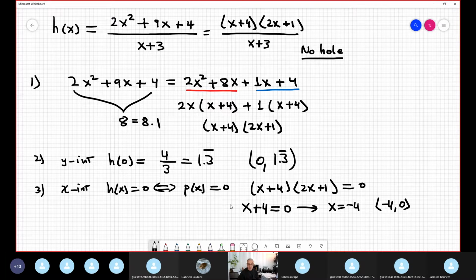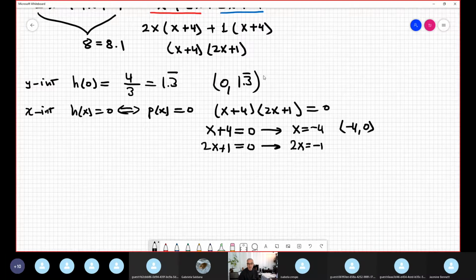And for the other one, 2x plus 1 equal to 0 is 2x equals negative 1. Therefore, dividing by 2 on both sides, it's obvious that x is negative 1/2.